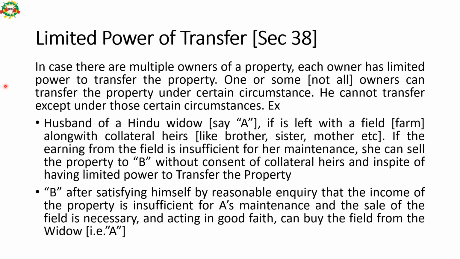For example, the husband of a Hindu widow, say A, if he is survived by a field or a farm along with collateral heirs like brother, sister, mother, etc. If the earning from the field is insufficient for her maintenance, she can sell the property to B without the consent of the collateral heirs, in spite of having limited power to transfer property.